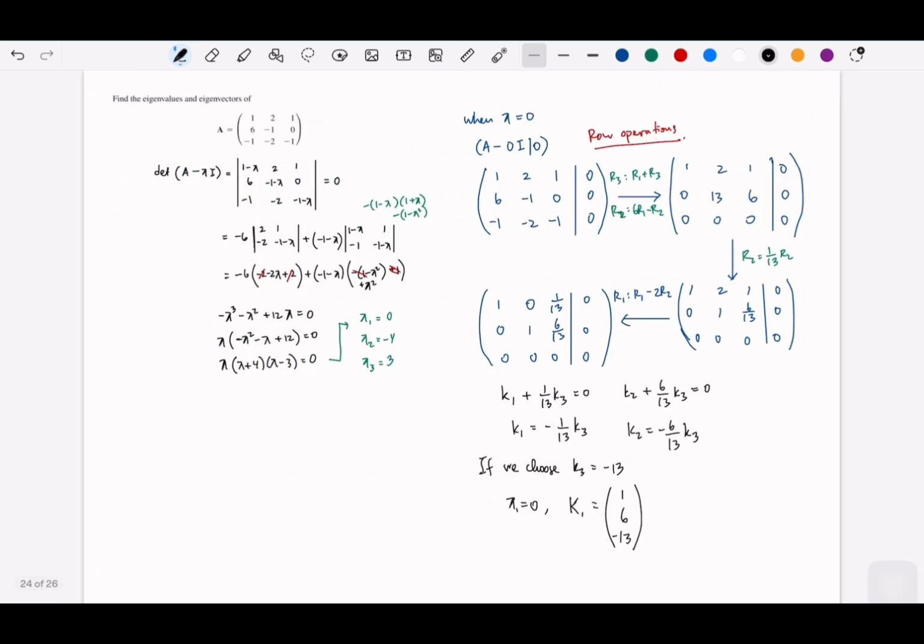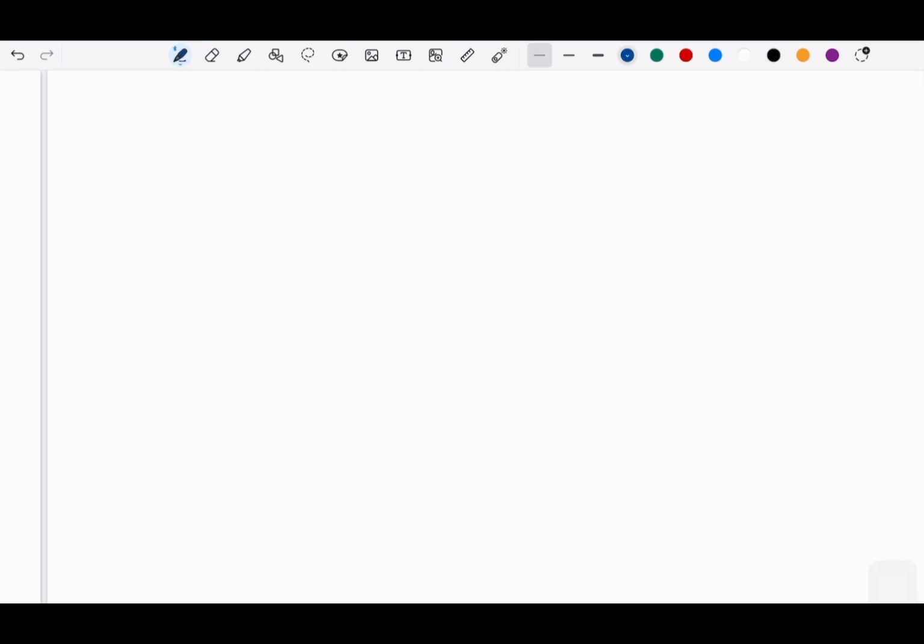Okay, and again, maybe we need more row operations, and this is when lambda is negative 4. It means that in our solution for the row operations, this will be A minus minus 4, so plus 4 identity, and then we need to solve with 0 on the right as the constant.